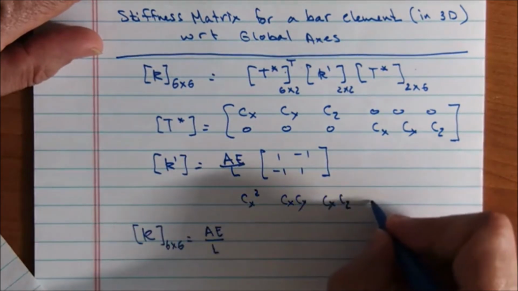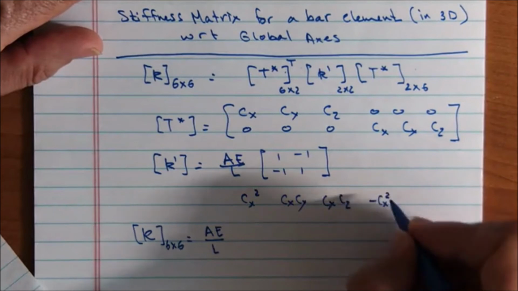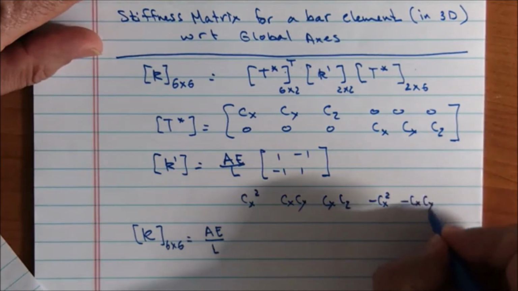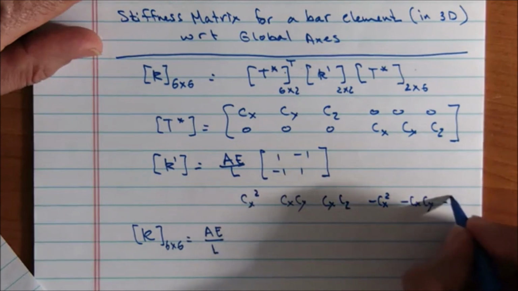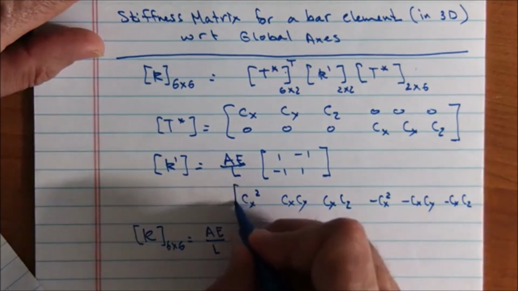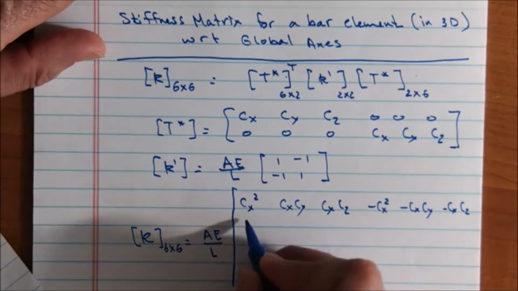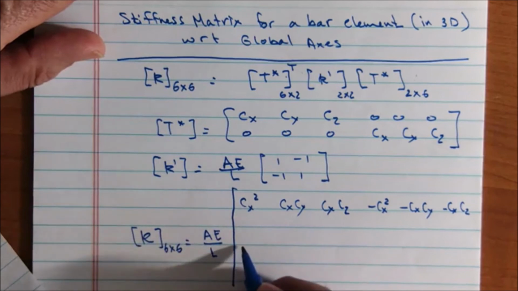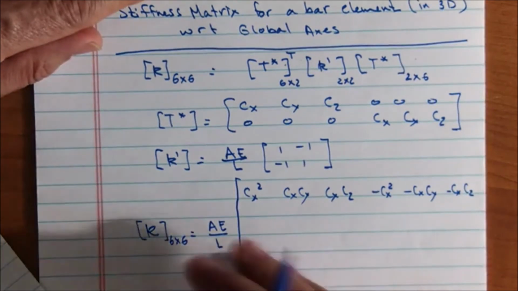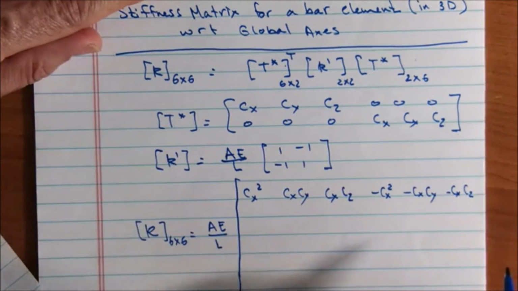And then I have a minus Cx squared, then a minus CxCy, and then a minus CxCz. Remember, a stiffness matrix is expected to always be symmetric along the diagonal. So I'm going to do the diagonal and the terms above, and then we're going to have symmetry.